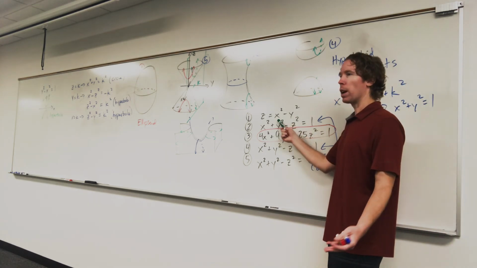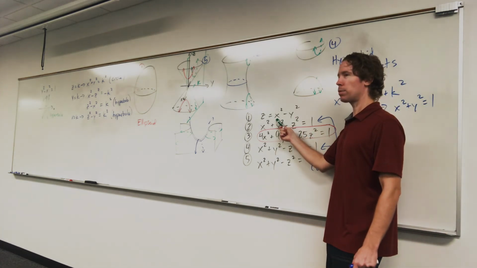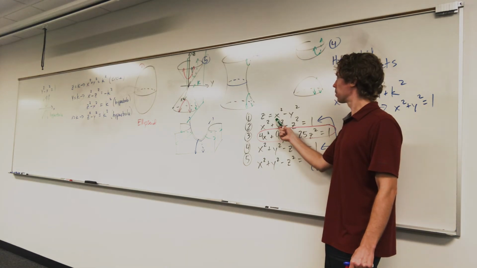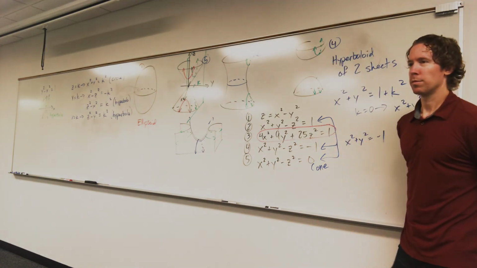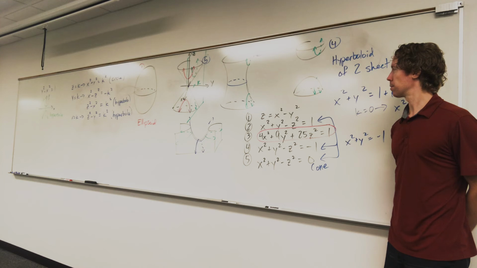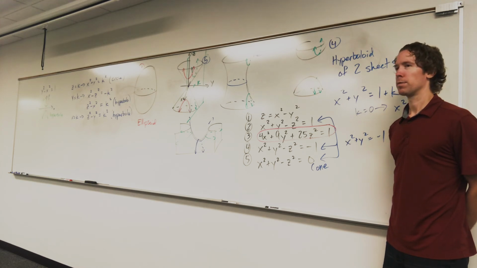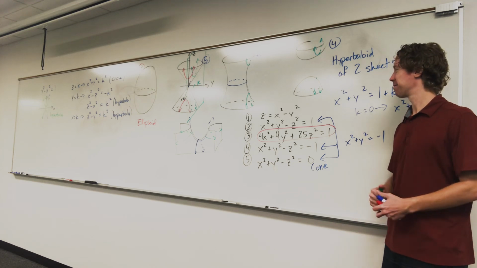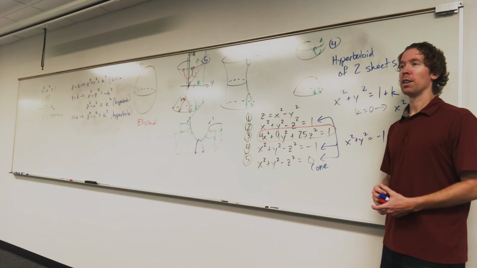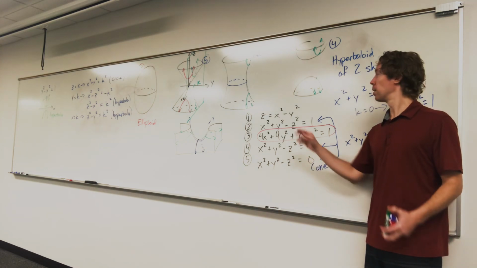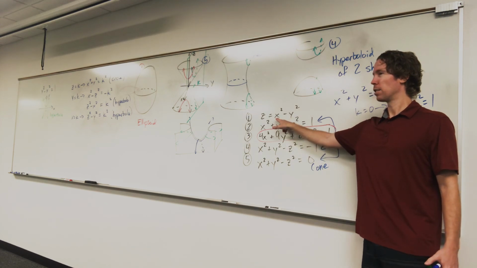What happens if I plug in x equals k? For example, if you plug in x equals 0 into this, it's going to be a downward... Yeah, good.